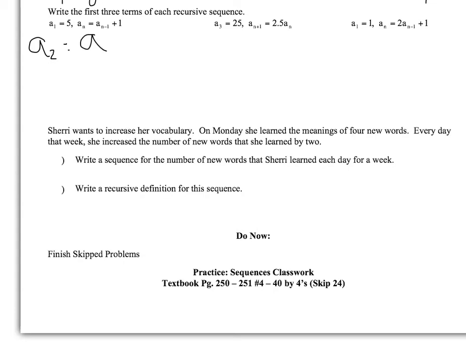So now, if n equals 2, what does n minus 1 equal? Well, if n equals 2, n minus 1 equals 1. So if you look at this A2 formula, it says take the first term and add 1. Well, our first term is 5 plus 1 equals 6.